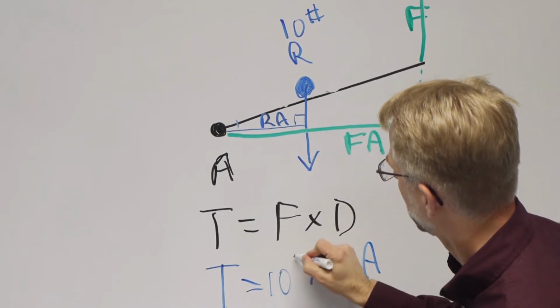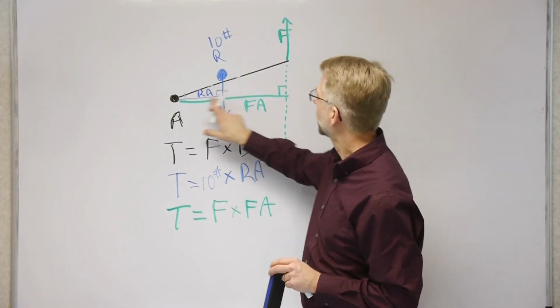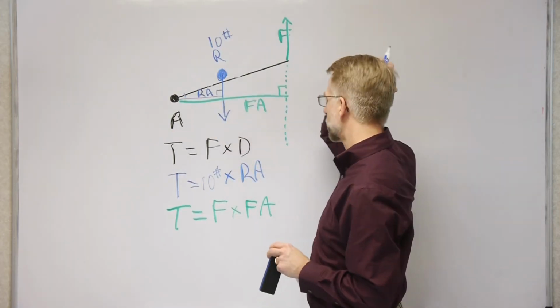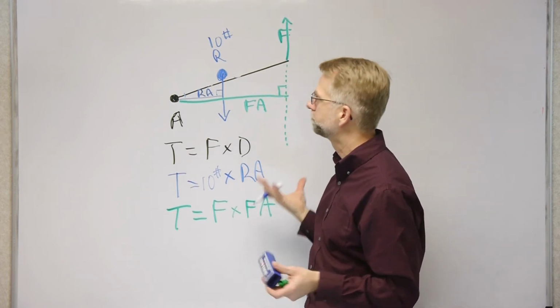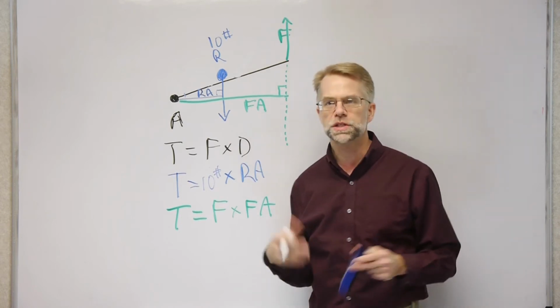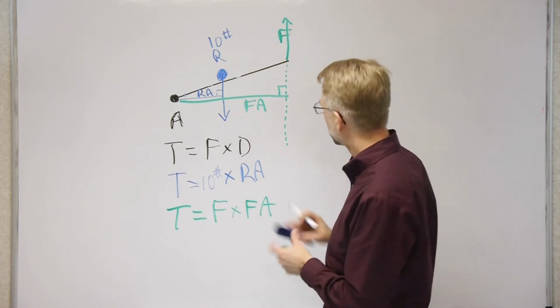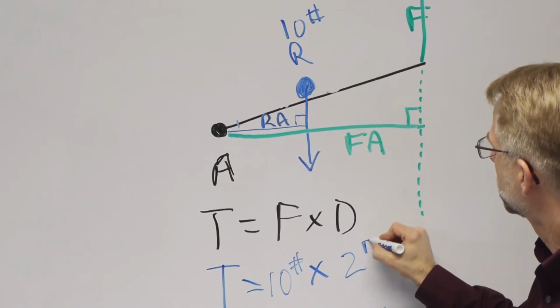Okay, 10 pounds. And then we also have this resistance arm here, and again, going with the analogy of this being like a wheelbarrow, let's just say this resistance arm is 2 feet long, so we can put that in here. This is 2 feet.